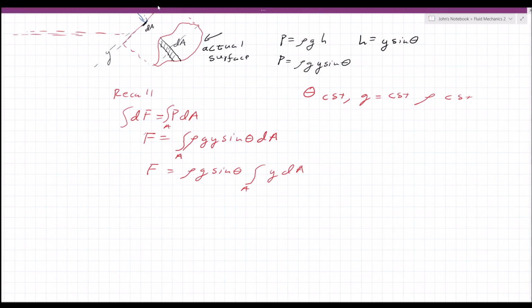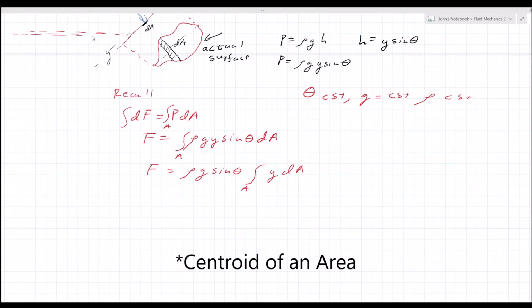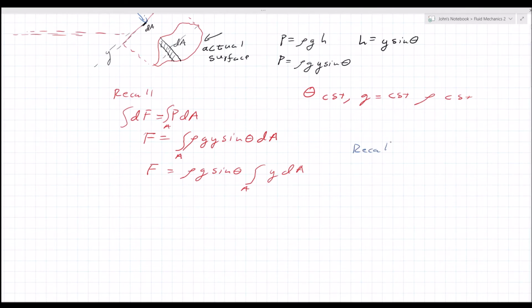Now, if you recall the centroid of an area, we get, I'll just do this in blue, y of the centroid is equal to 1 over area times the integral over the area of y dA. Now, doesn't this look very, very familiar to this?